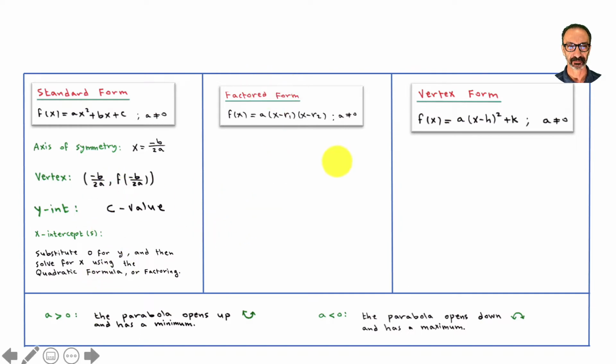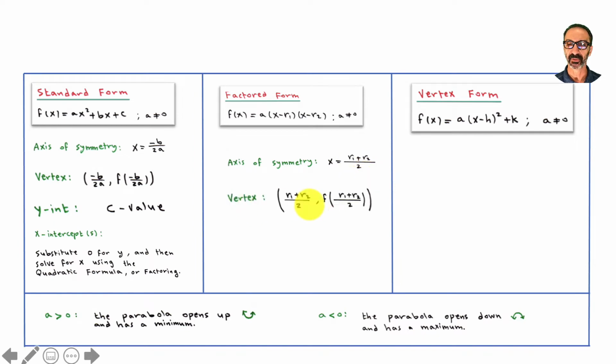The factored form. The axis of symmetry will be where the locations of the zeros R1 and R2 are. You have to go halfway in between. If you could see that, you don't have to do the whole thing and add them and divide by 2, because that will tell you the middle point between them. So it's x equals R1 plus R2 over 2.